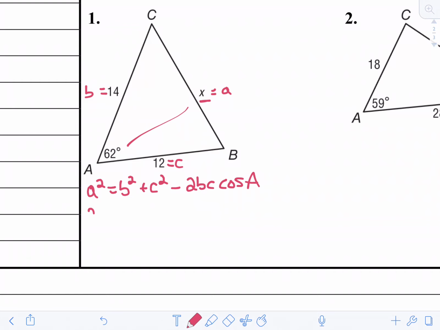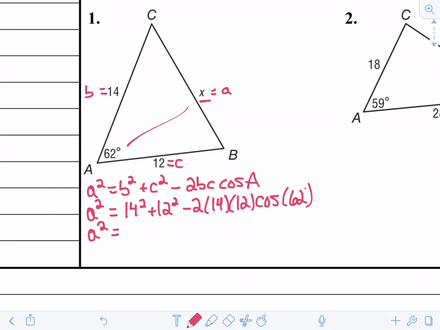We'll plug in what I know, so a squared is equal to 14 squared plus 12 squared minus 2 times 14 times 12 cosine of 62. So a squared will equal 14 squared and 12 squared will give me 340. 2 times 14 times 12 will give me 336 cosine of 62 degrees.